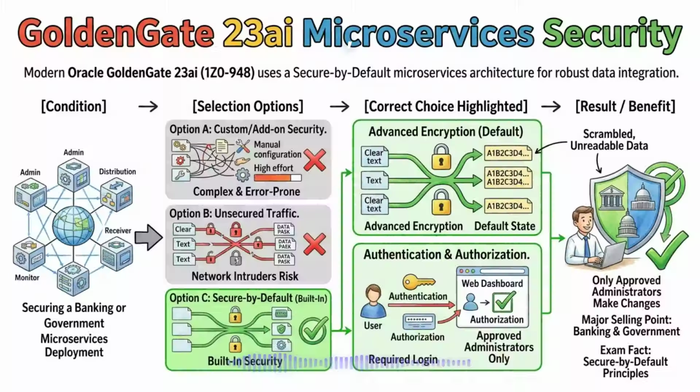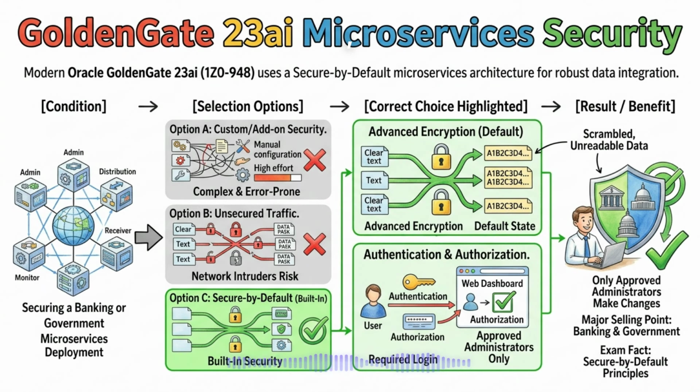Security is built directly into the microservices architecture from the ground up, not just added as an afterthought. Every single microservice uses advanced encryption by default, meaning all data moving between your servers is scrambled and unreadable to network intruders.